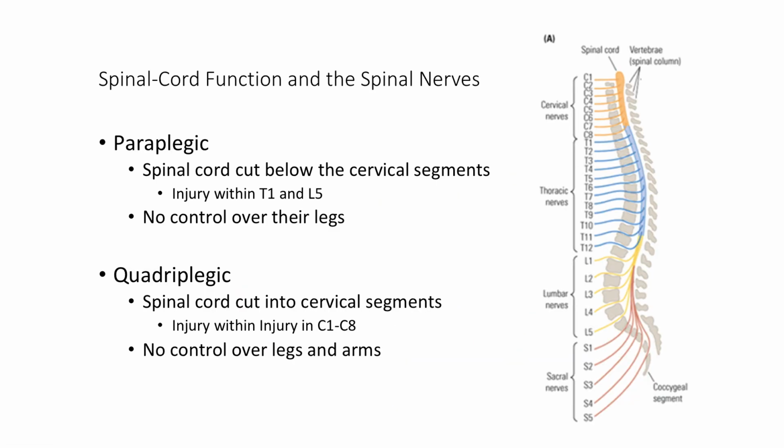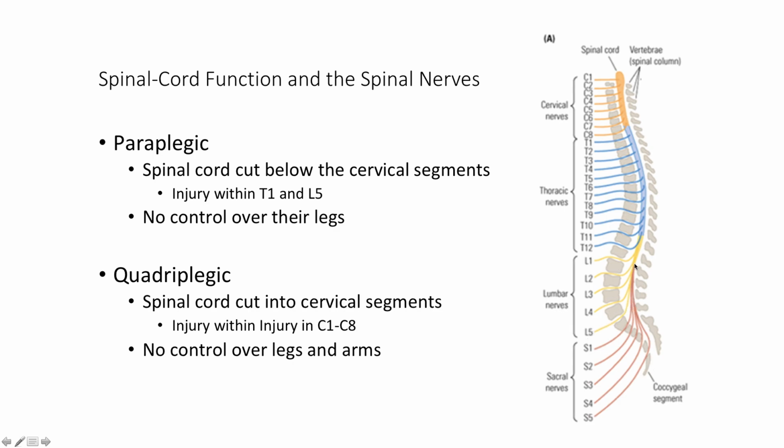Okay, so people who have had accidents where they got lesions below their cervical segments often no longer have control over their legs. This happens whenever you have an injury between your T1 and your L5. So you have your T1 and your L5 goes all the way to here.